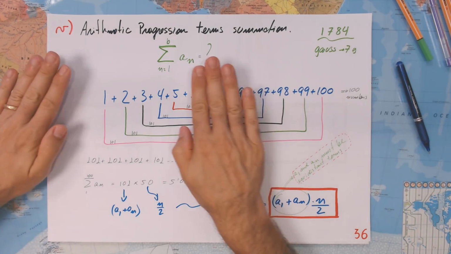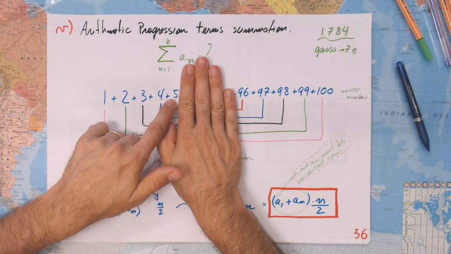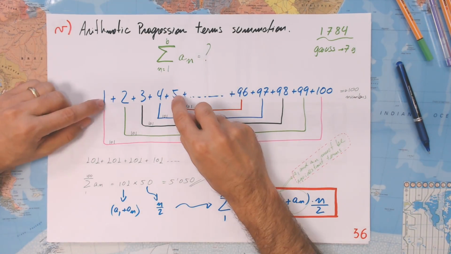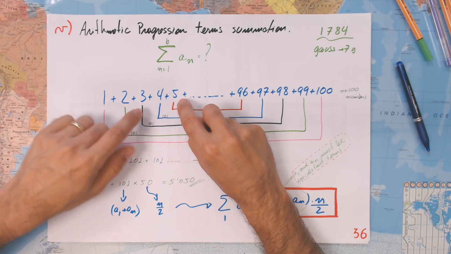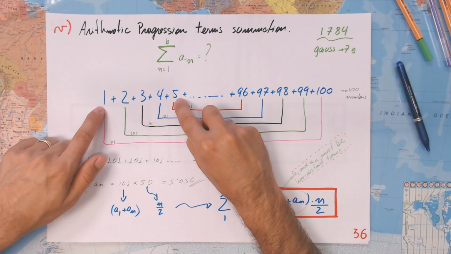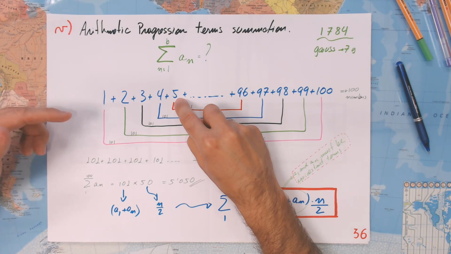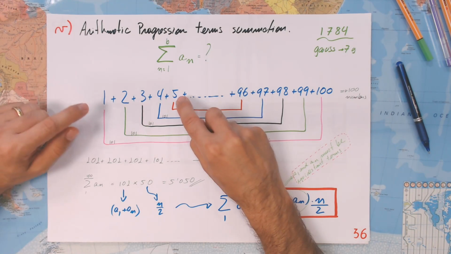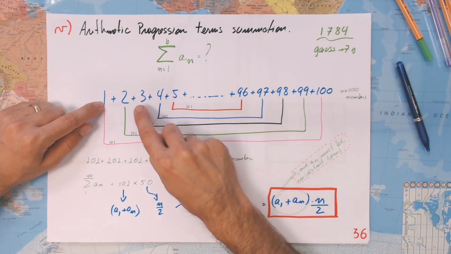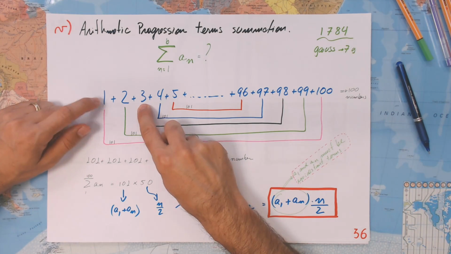let's also consider a sequence of 5 terms like this. If we add 5 and 1 it is 6, 2 and 4 is 6, and because this sequence has an odd number of terms, the central one is going to be half of that summation. If the summation here is 6, the central term is going to be half of that. Why?